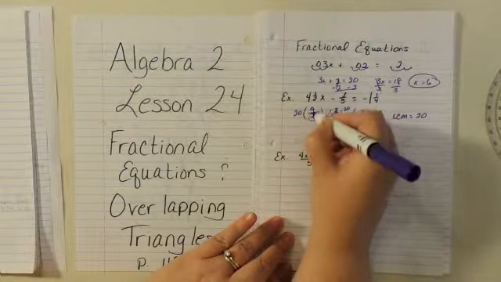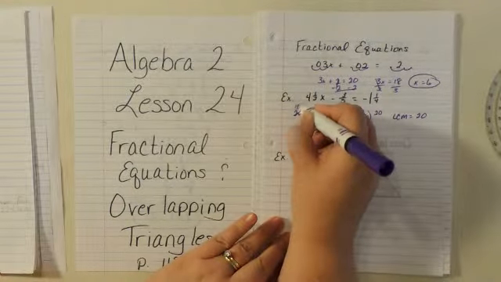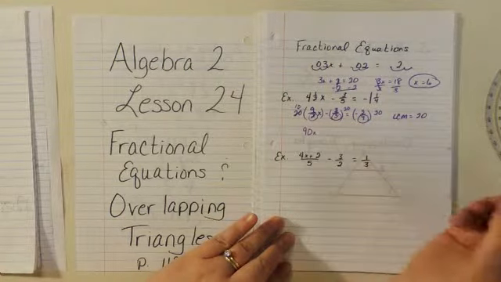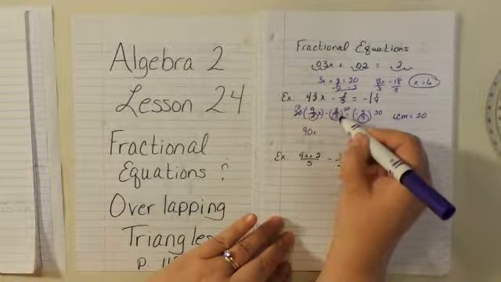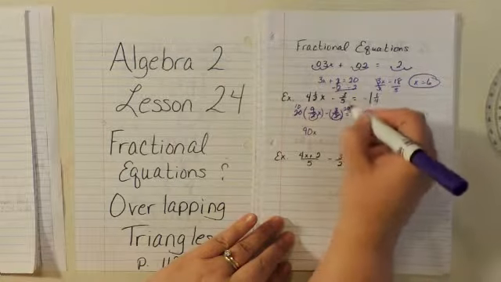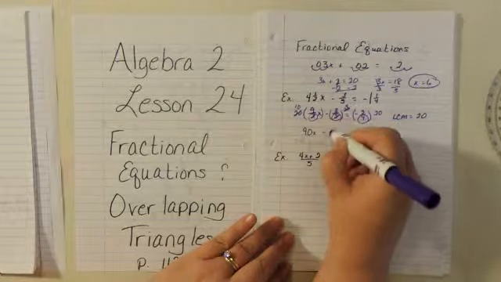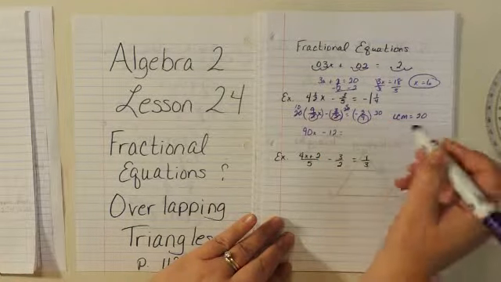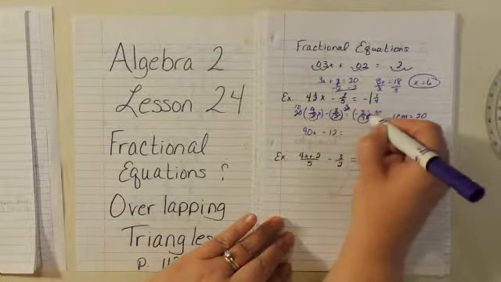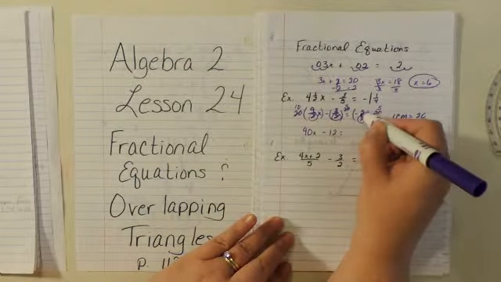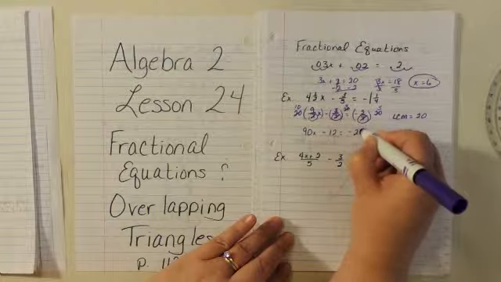20 divided by 2 is 10, so the 2 cancels out, we're left with 10, and 10 times 9 is 90, so we have 90x. 20 divided by 5 is 4, so the 5 cancels out, we're left with a 4, and this is minus 3 times 4, which is 12, equals 20 divided by 4 is 5, so the 4 cancels out, we have a 5 on top. 5 times negative 5 is negative 25.